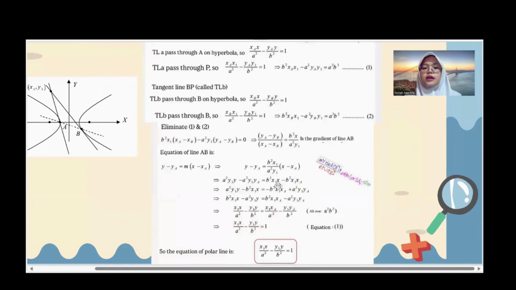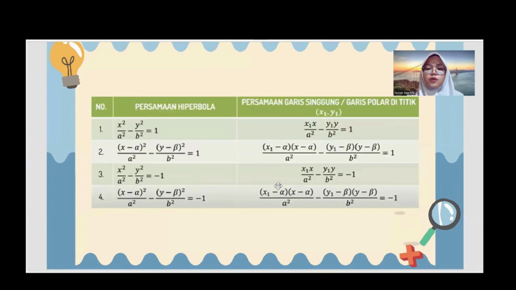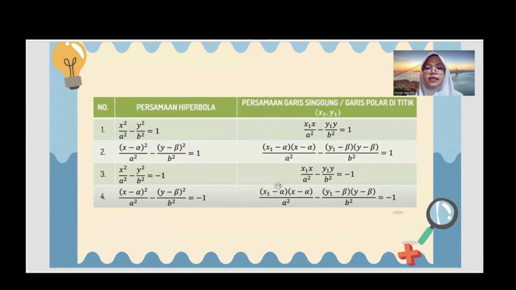So we can make a conclusion that the tangent line equation and the polar line equation have the same form, the same formula, but we just have to remember the point. If the point is on the hyperbola, we get a tangent line equation.